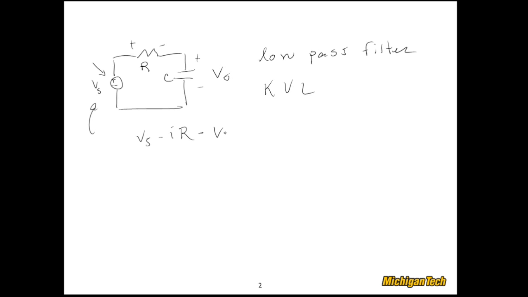And then we have a voltage drop across the capacitor, and that's V0. And we set that equal to 0. Now we have an equation with an input and an output, but we also have this other variable in there, I, that we really need to relate back to V0 to make this equation useful.